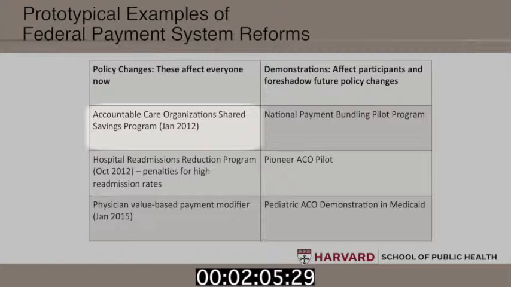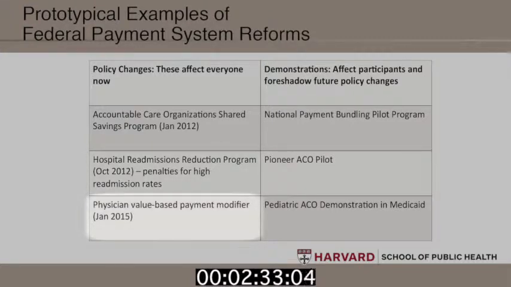But this again is the notion of identifying a single provider organization that can coordinate and manage all the care for a patient population. There are also new penalties and bonuses for hospitals, including a hospital readmission reduction program that has begun requiring that penalties be paid back from hospitals to Medicare based on having very high readmission rates.